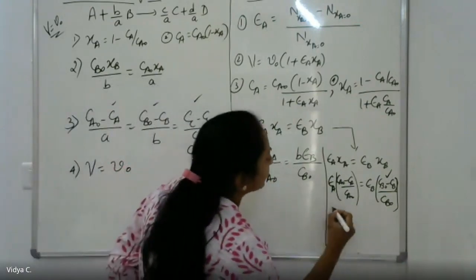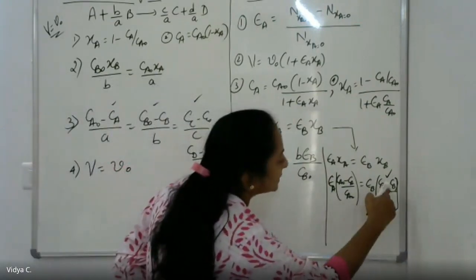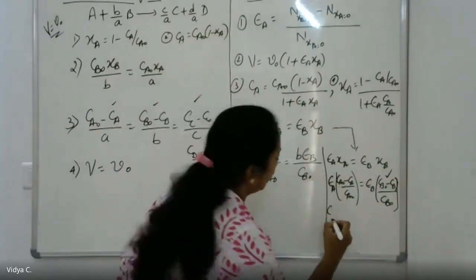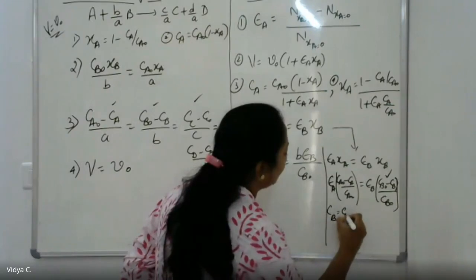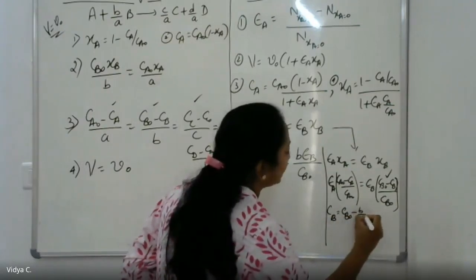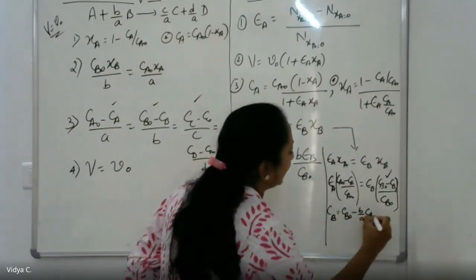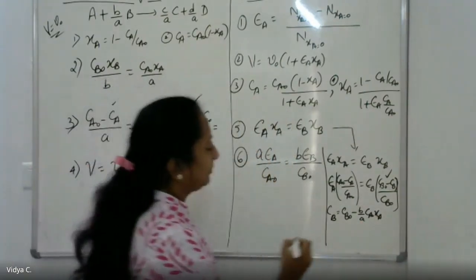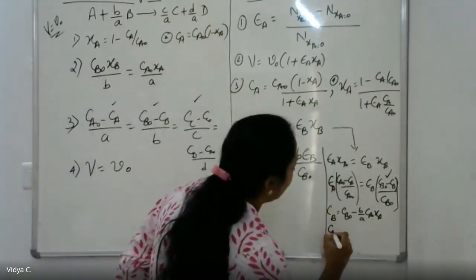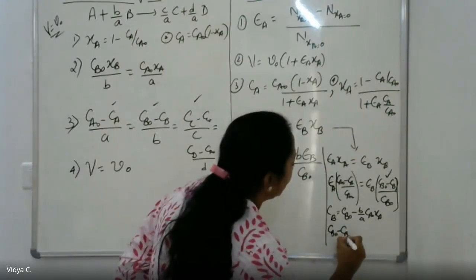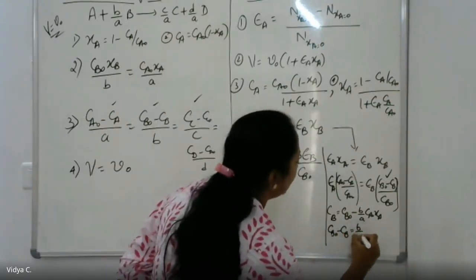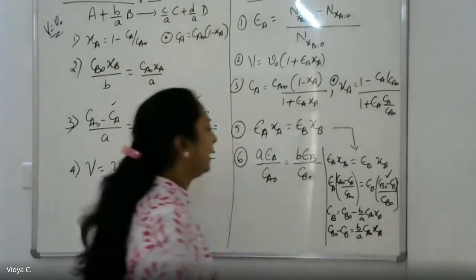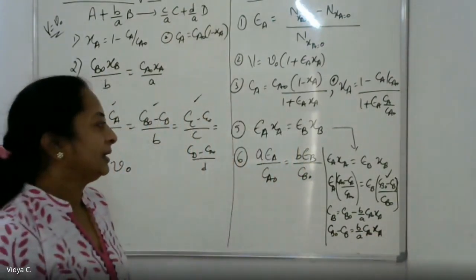See, I know how do I get this in terms of A now. CB is equal to CB naught minus B by A, CA naught into XA. Okay. But now what do I do? This CB naught minus CB will be what? CB naught minus CB will be B by A times CA naught into XA. Is that fine?